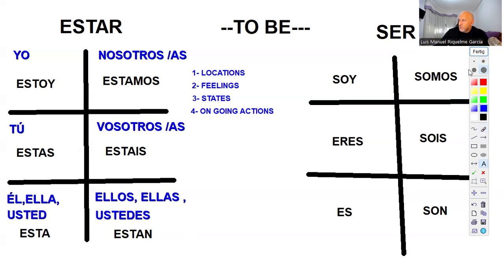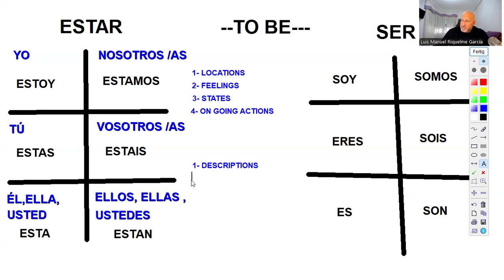Let's remind quickly what the different uses of ser are. First of all, we have descriptions. He is tall, my house is big, my wife is beautiful, my new phone is very fast, my new phone is very big.